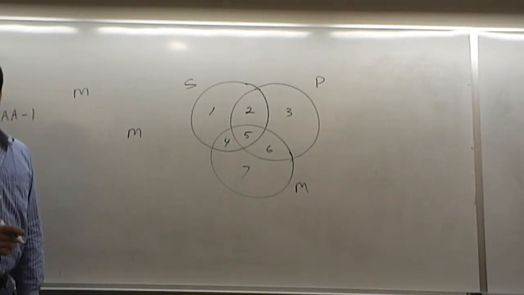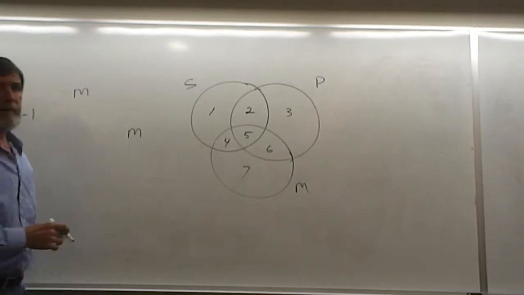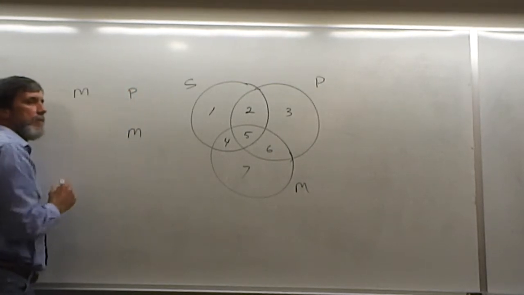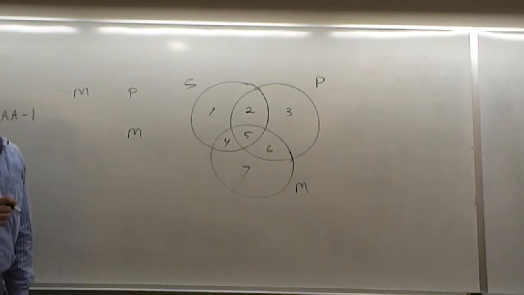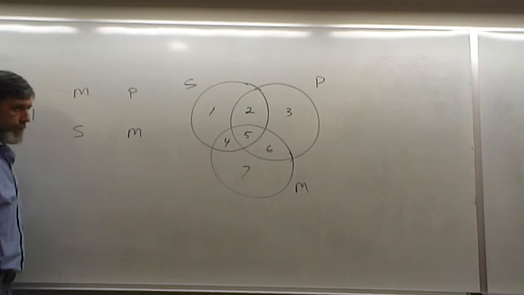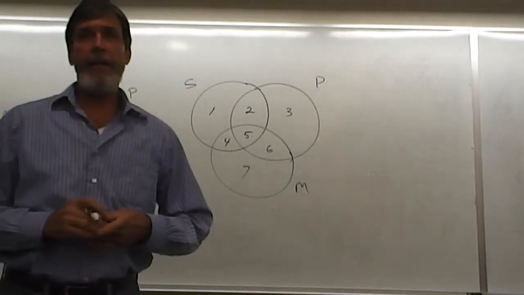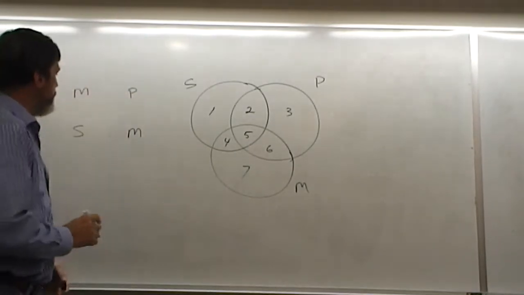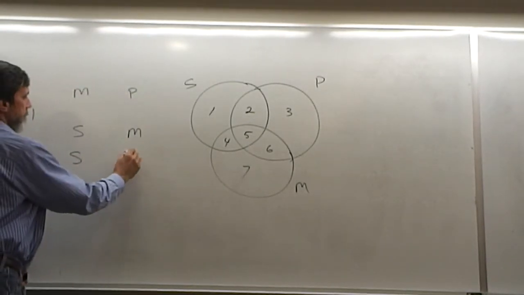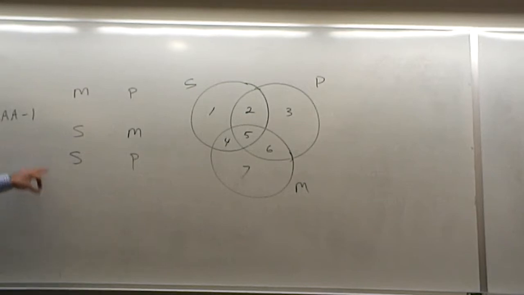The major term P has to occur in the major premise. There's only one place for it to go. The minor term S has to occur in the minor premise. There's only one place for it to go. S and P are always the term letters of the subject and predicate of the conclusion. So you finish off that structure by supplying the quantifiers and copula indicated by the mood.